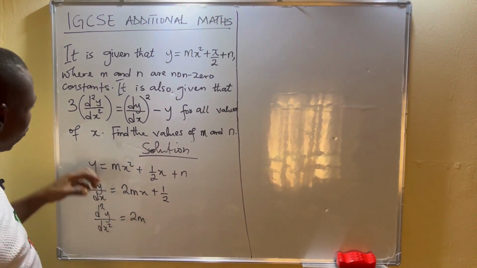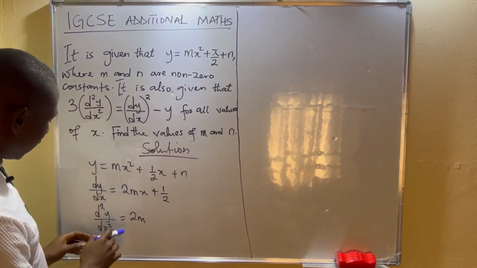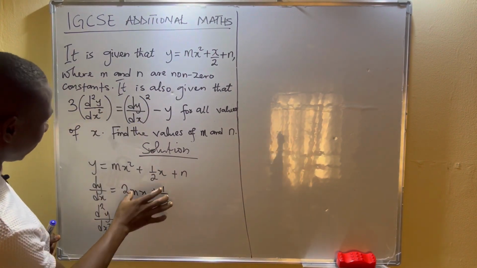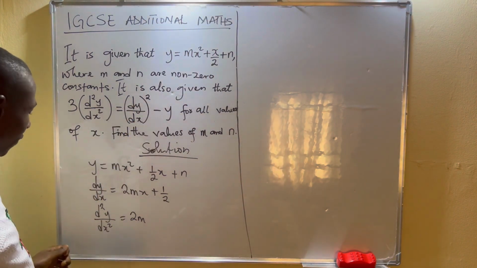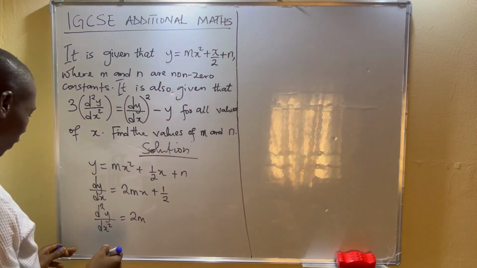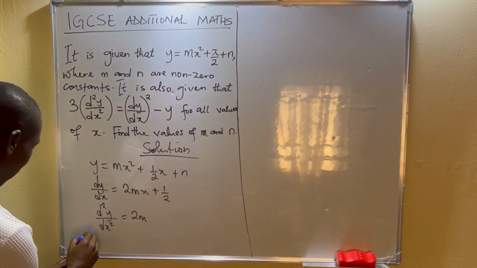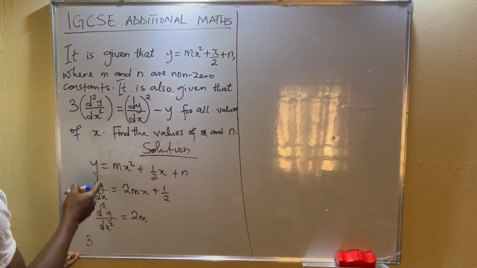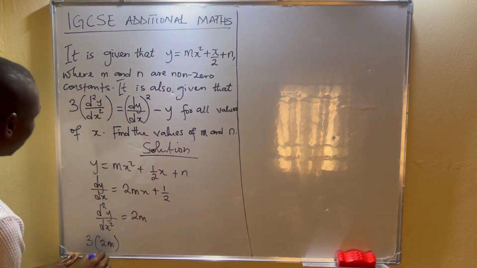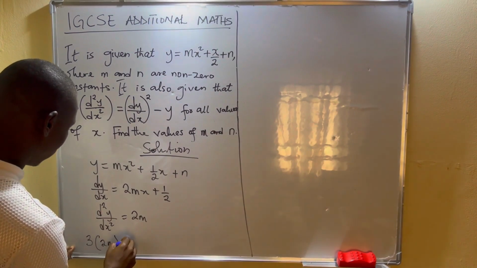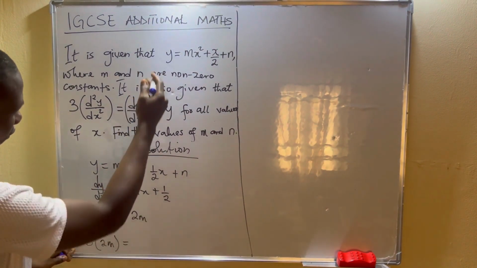Okay, so we need to use these values to substitute in this equation and see what we'll have. So we have that 3 times the second derivative, which is 2m, is equal to the first derivative squared.